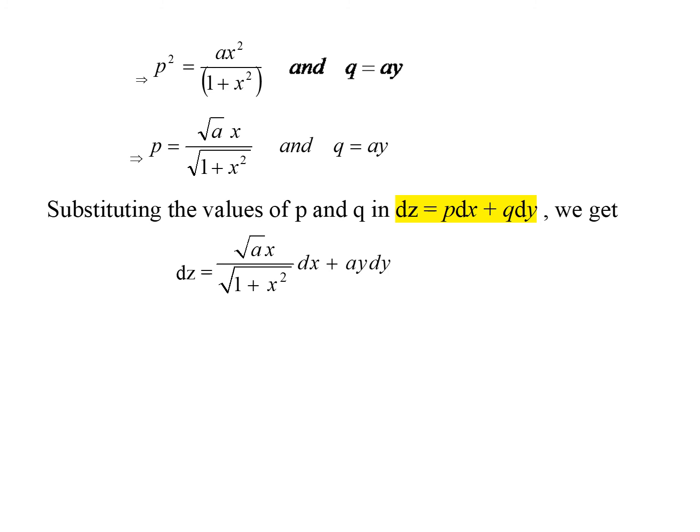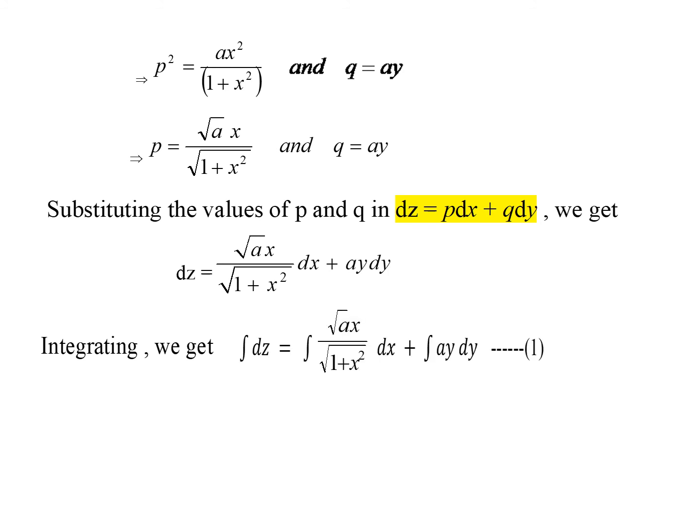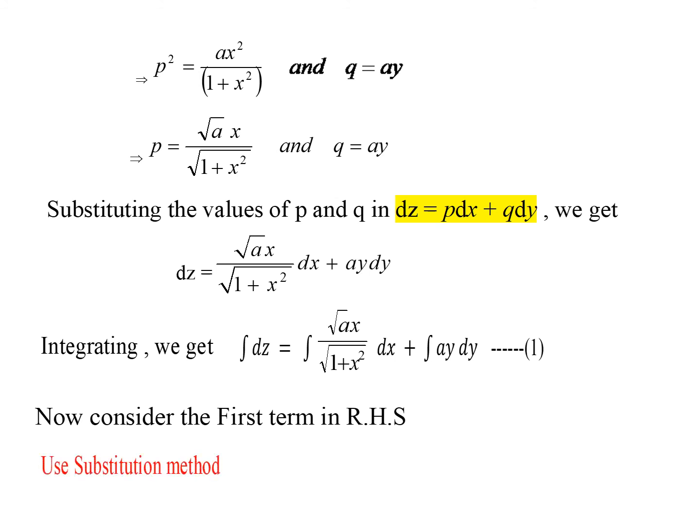Look at this. This integration doesn't seem to be very simple, but we shall use a technique to integrate this. Do you remember? Yeah, we can use a substitution method. So consider the first term, especially on the right side, for which we need the substitution method.